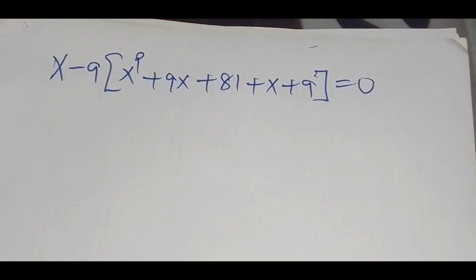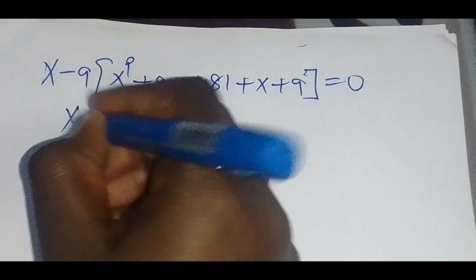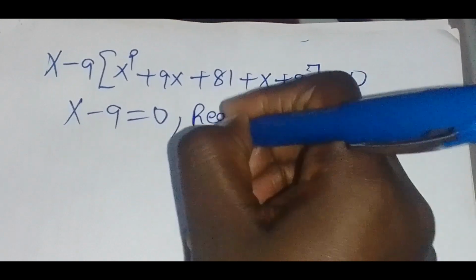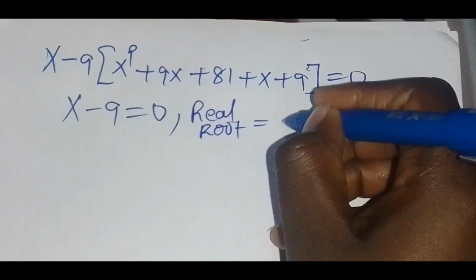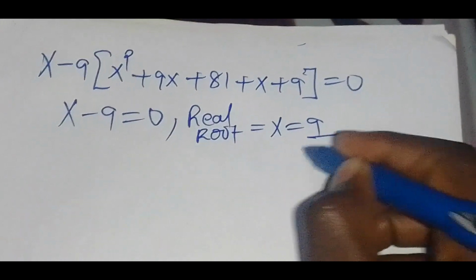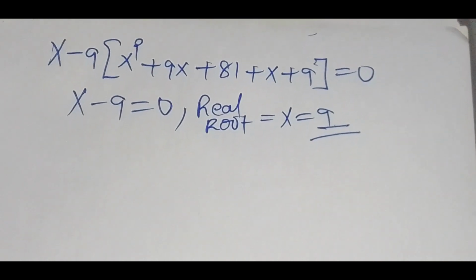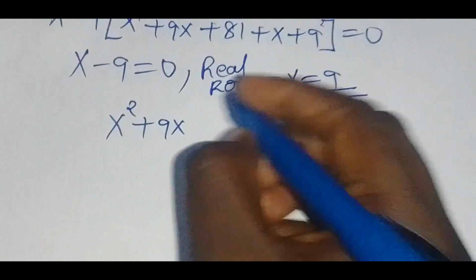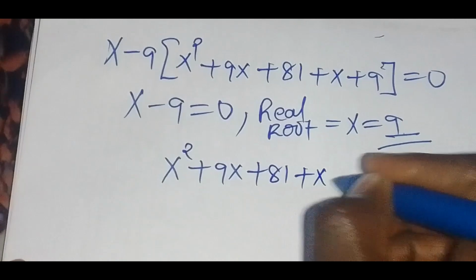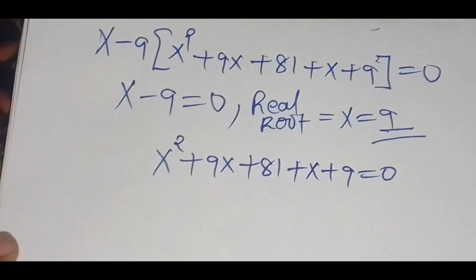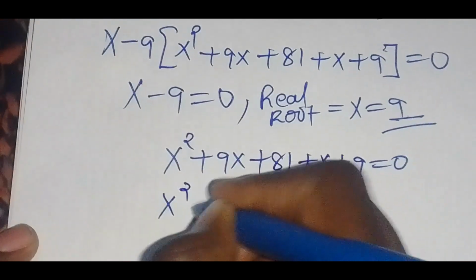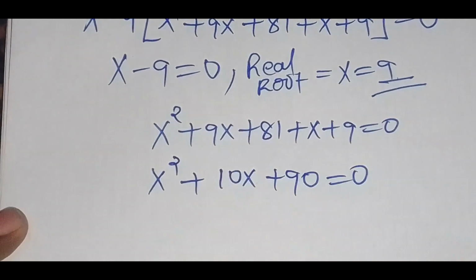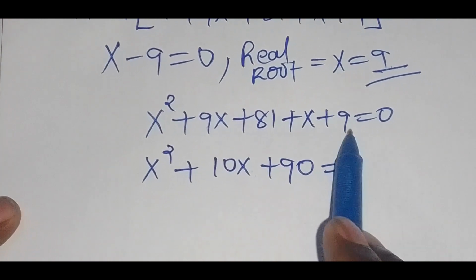That means we have x squared plus 10x plus 90 equal to 0, since 9x plus x is 10x and 81 plus 9 is 90.